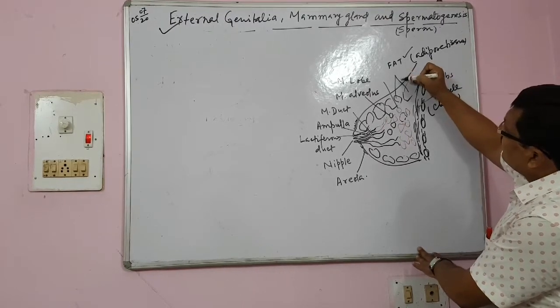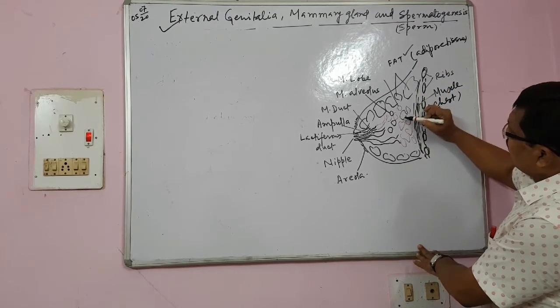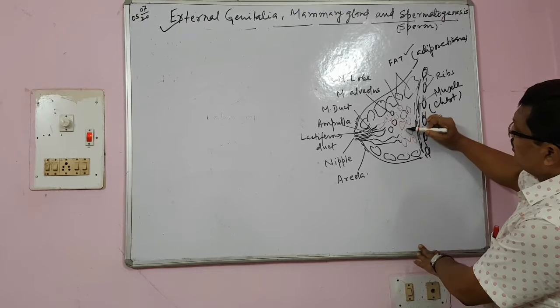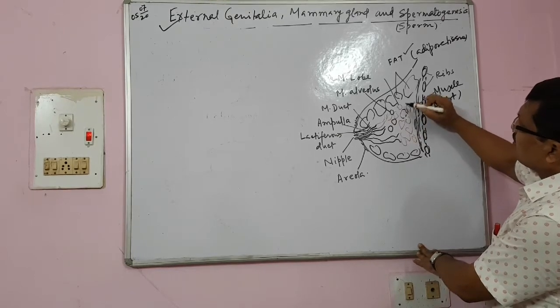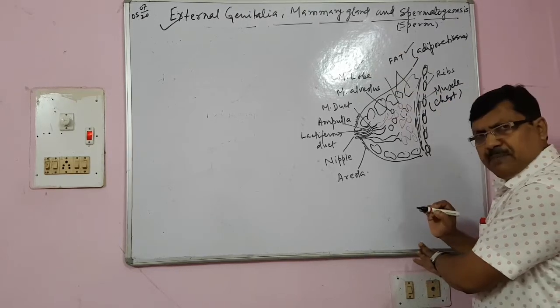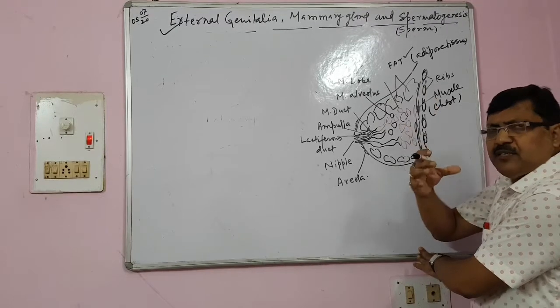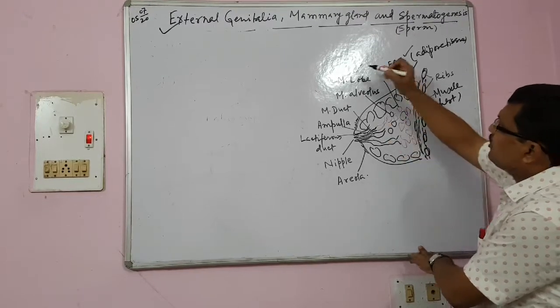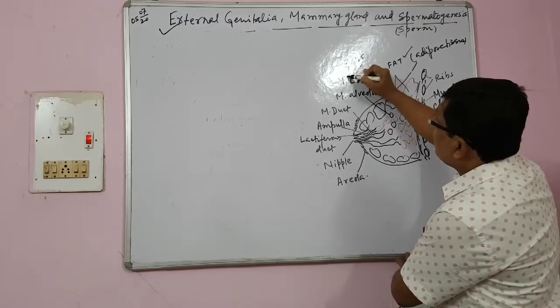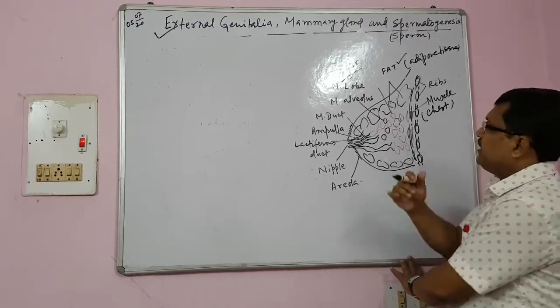After the adipose tissue, these reddish structures are the mammary lobes. Approximately 15 to 20 mammary lobes are present in each functional mammary gland.